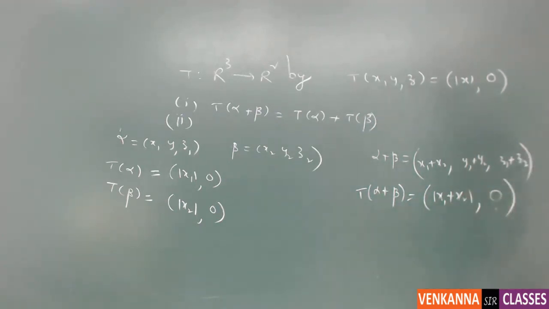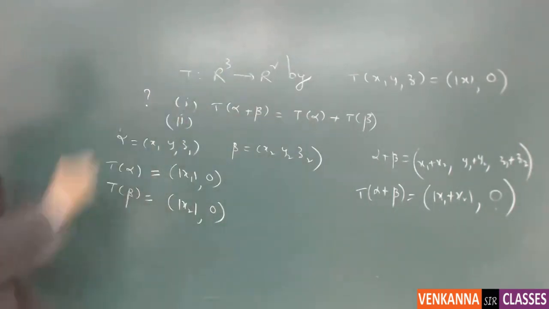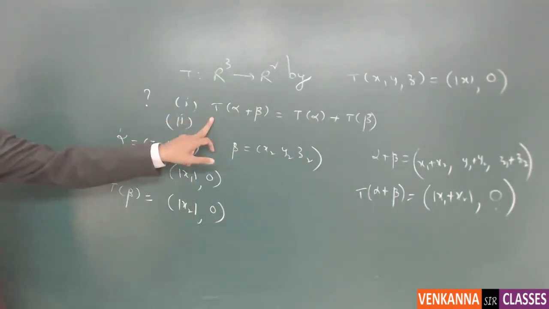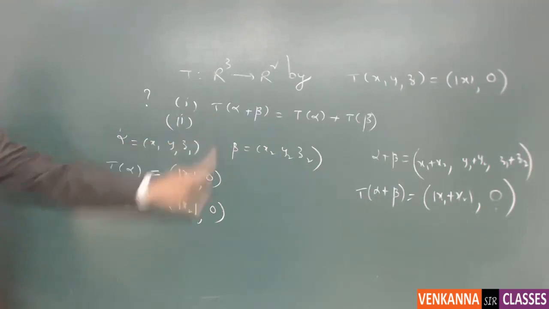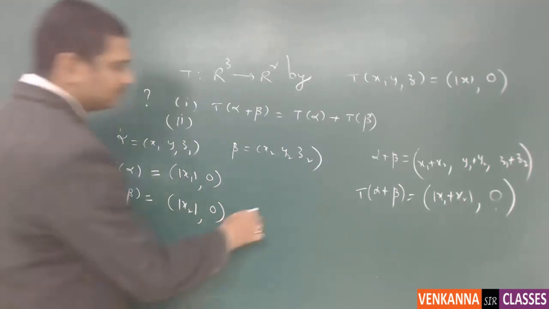Now, can you say that T of alpha plus beta is equal to T of alpha plus T of beta, on observing the values? In other words, you are comparing like this.